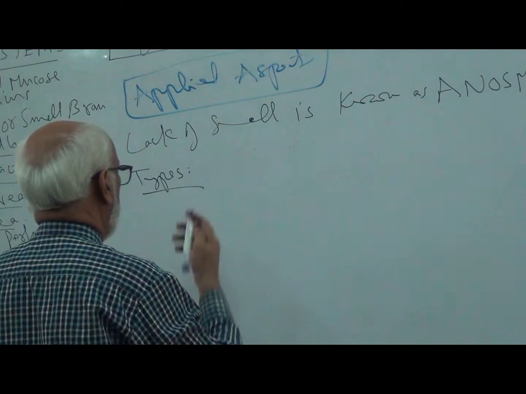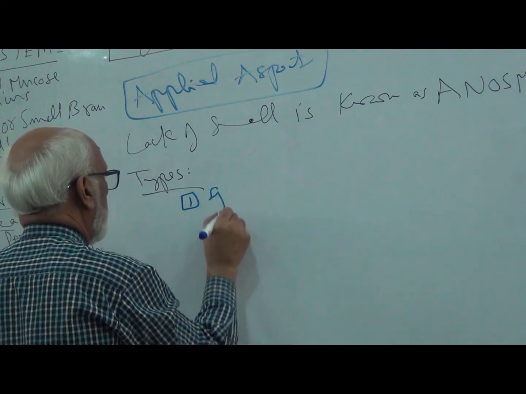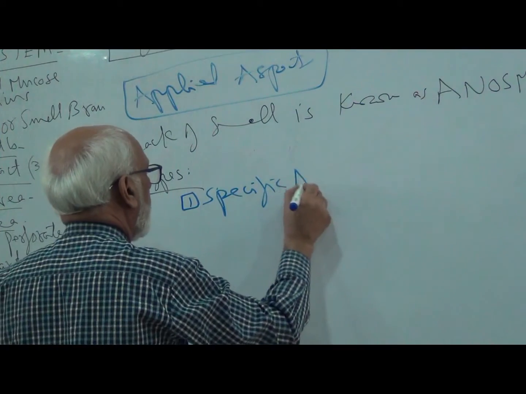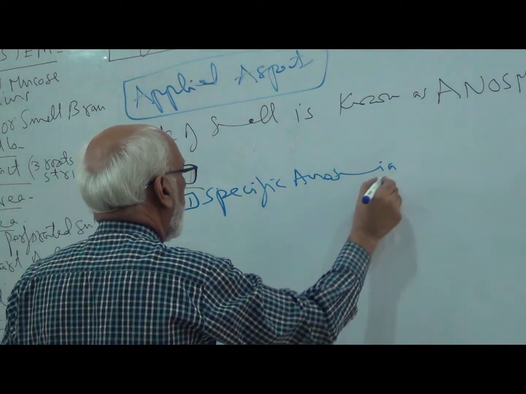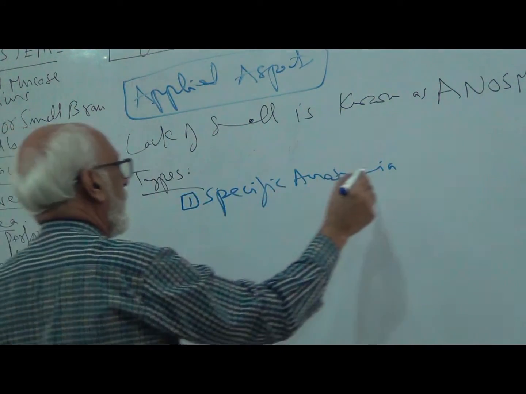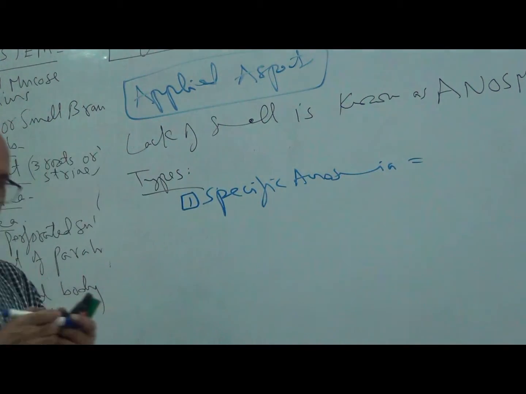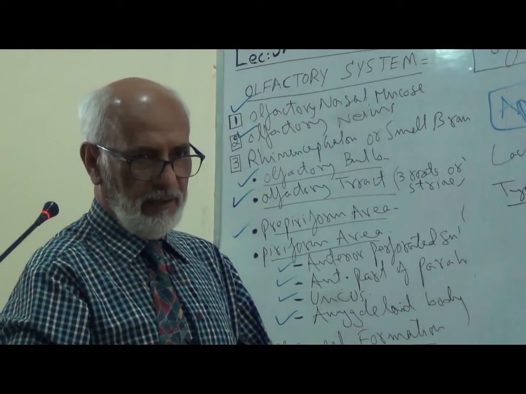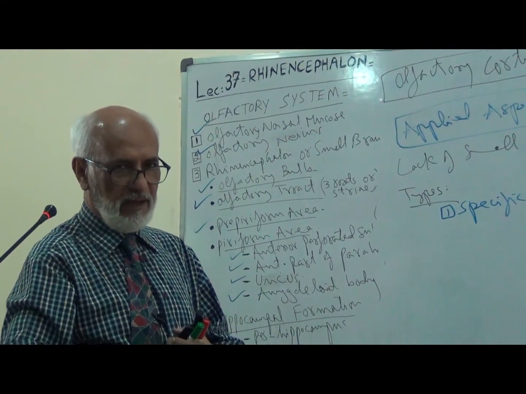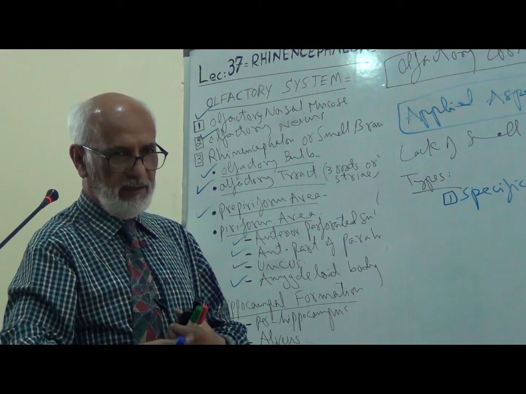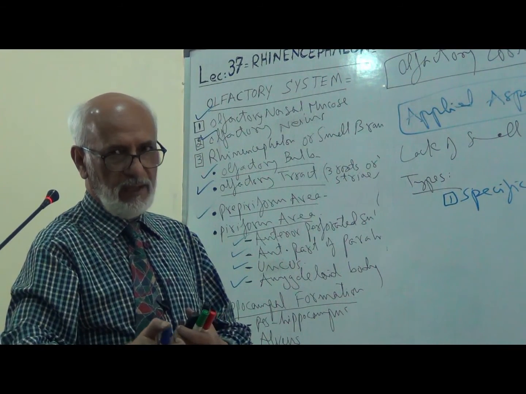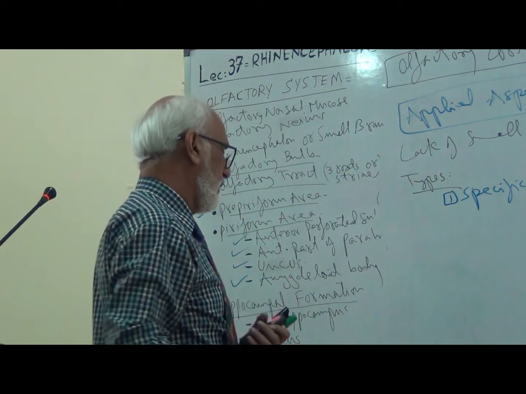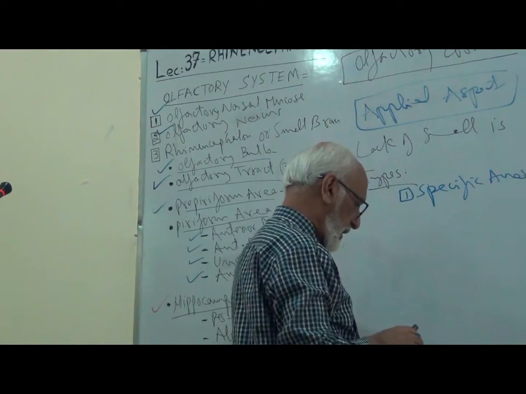Number one, specific anosmia. There is inability to identify a specific smell, not all smell. One of the smells or two of the smells, they are unable to be identified. Rest of the smells can be identified. So this is called specific anosmia.